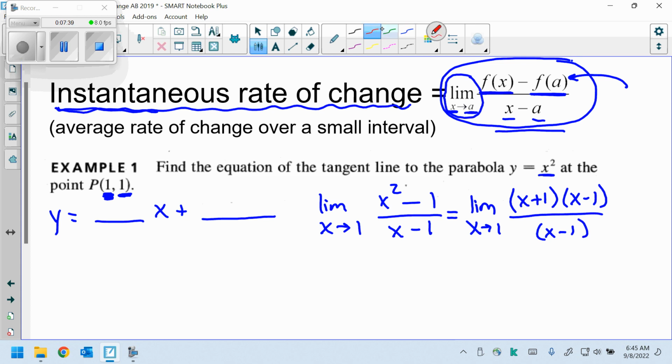And we see that these guys factor out to be a 1. Remember, we're only getting close to 1. These aren't really 0, but they are the exact same number, and so they would factor out to give us 1. And now if x is approaching 1, well, then x plus 1 is getting pretty darn close to 2.